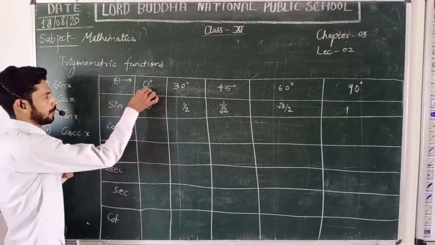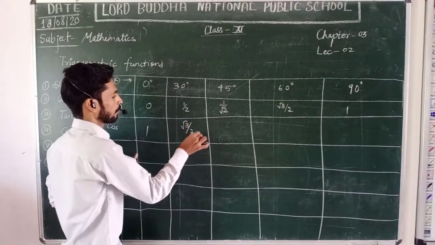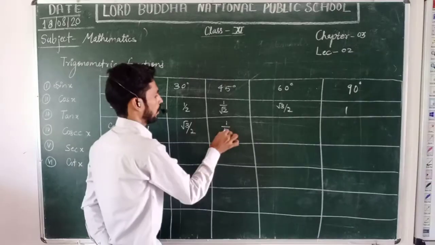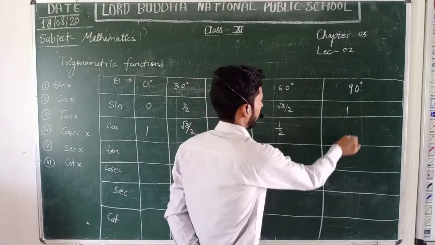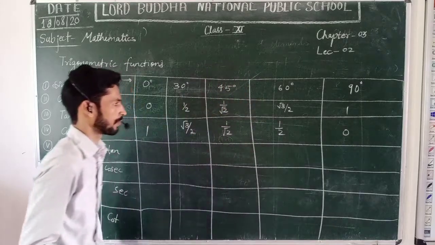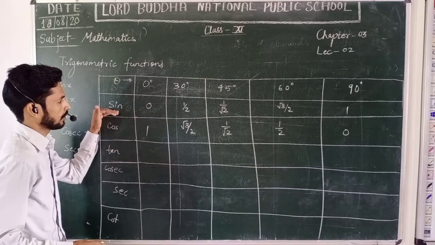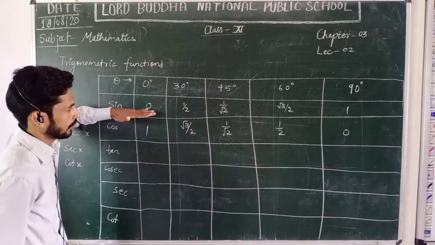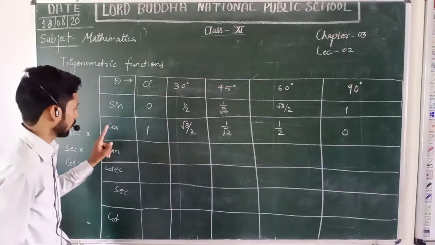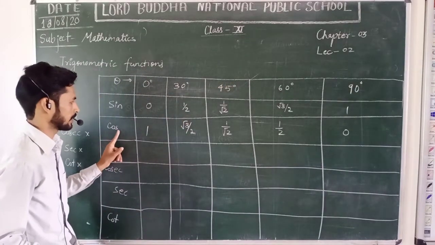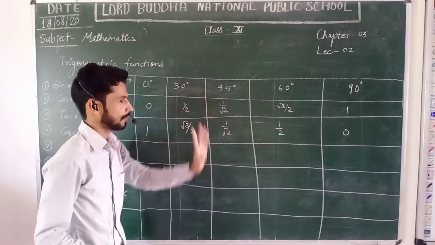And for cos: cos 0 is 1, cos 30 is root 3 by 2, cos 45 is 1 upon under root 2, cos 60 is 1 by 2, and cos 90 is 0. You can see here the value of sine is increasing with the increasing angle, but the value of cos function is decreasing with the increasing of angle.